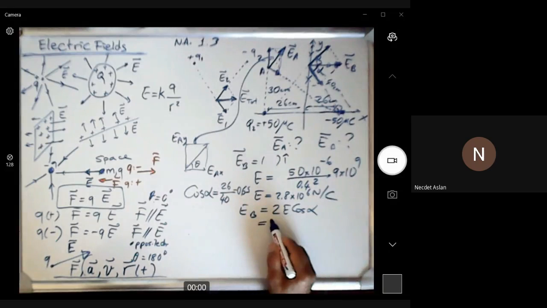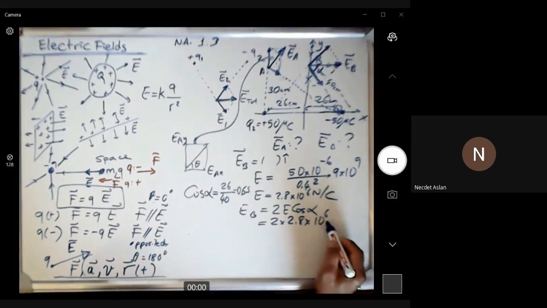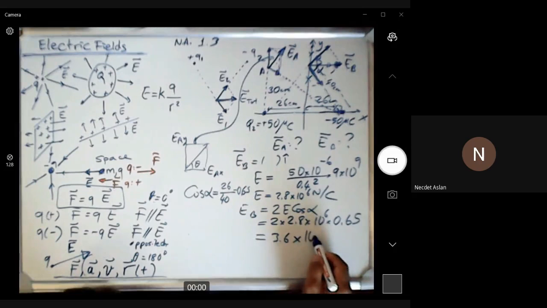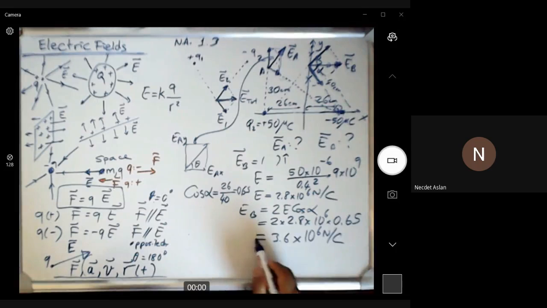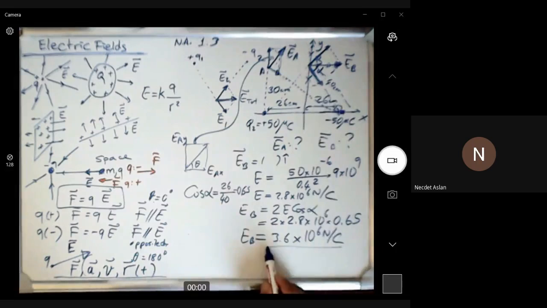So it's equal to 2 times 2.8 times 10 to the 6 times 0.65. And it gives you the value of 3.6 times 10 to the 6 newtons per coulomb. So the electric field magnitude for point B is given by this number.